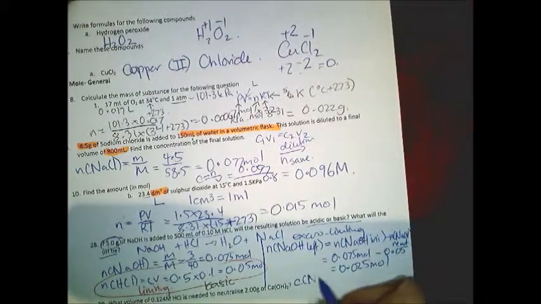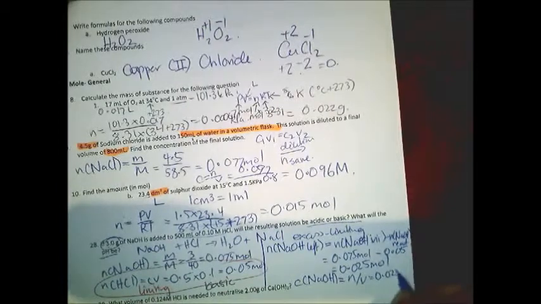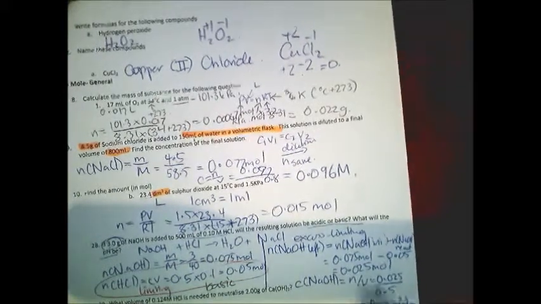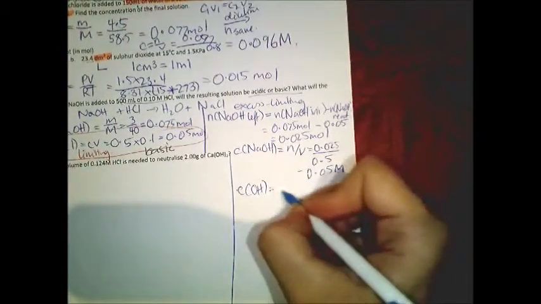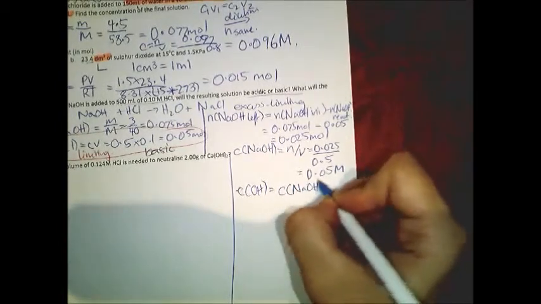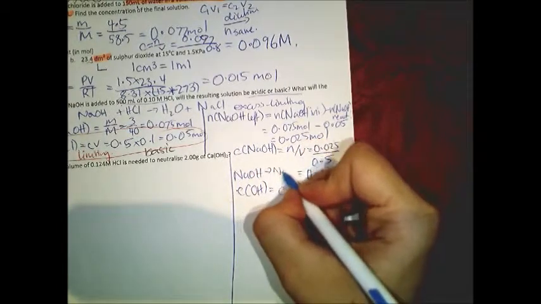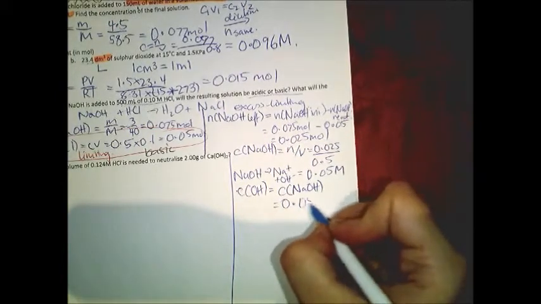The concentration of NaOH equals n over V, 0.025 divided by the volume, which is 0.5 L. The concentration of OH equals the concentration of NaOH because it's 1:1, equals 0.05 M.